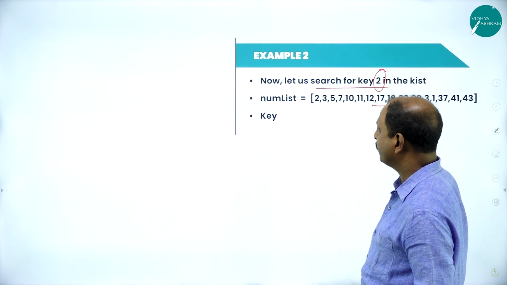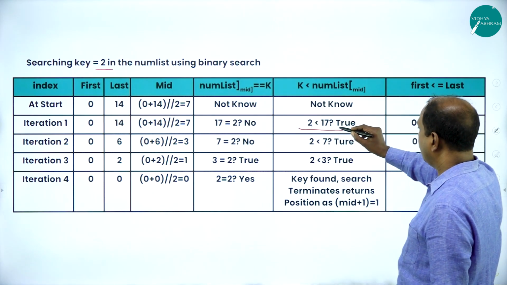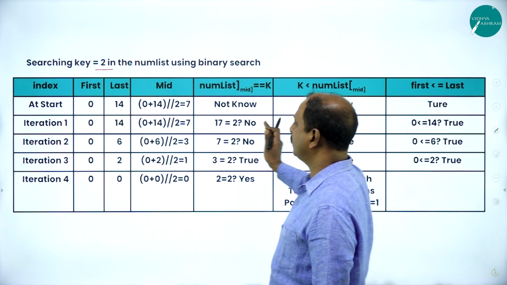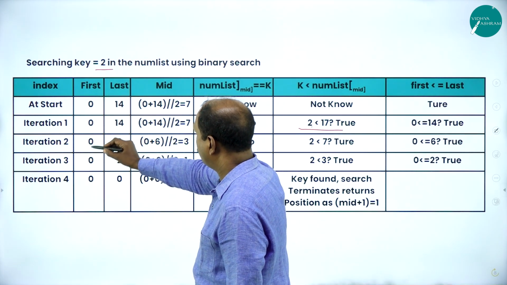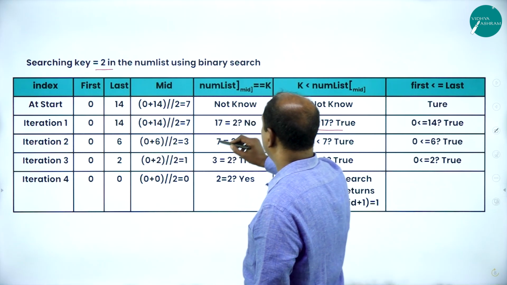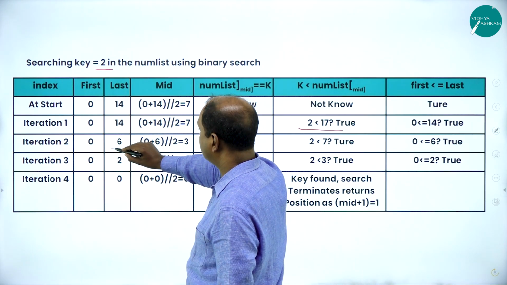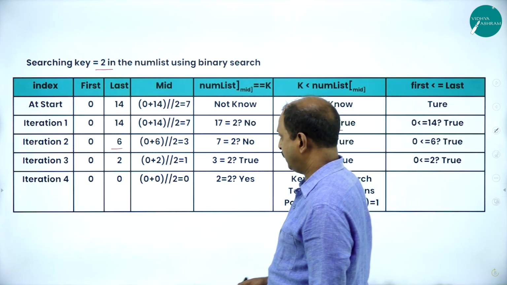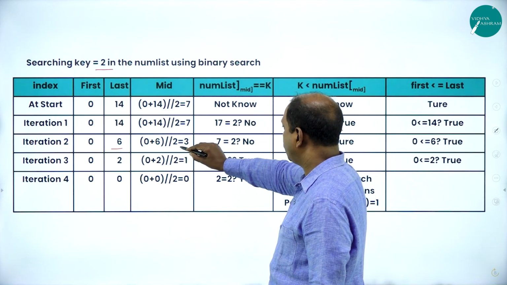So in this example, 2 is less than 17, so we search to the left of the given list. First element is 0, and the last element is the middle element 7 minus 1, which is 6. Now 0 plus 6 is 6, divided by 2, the quotient is 3.